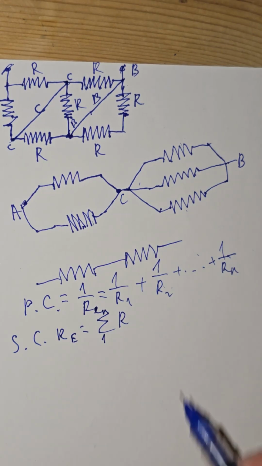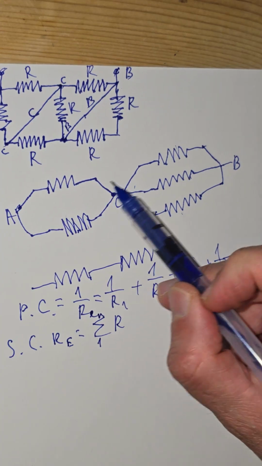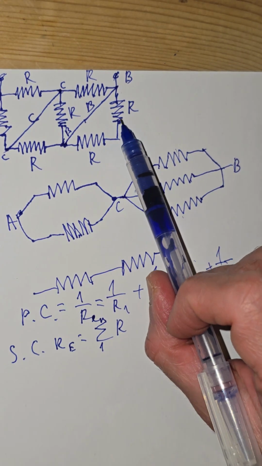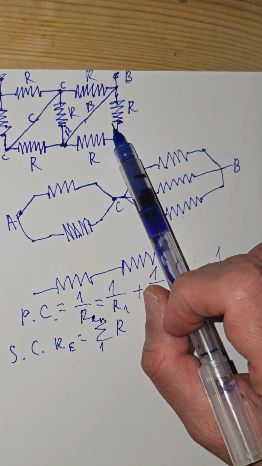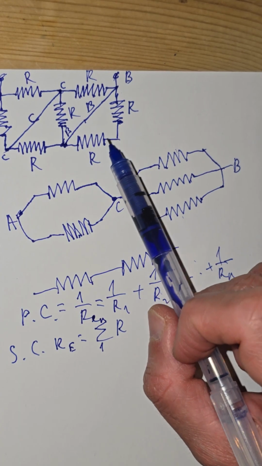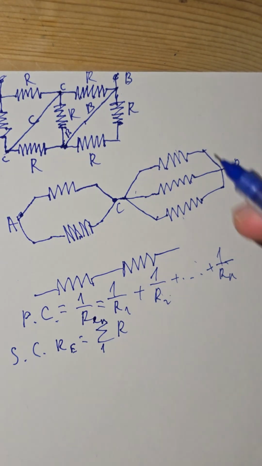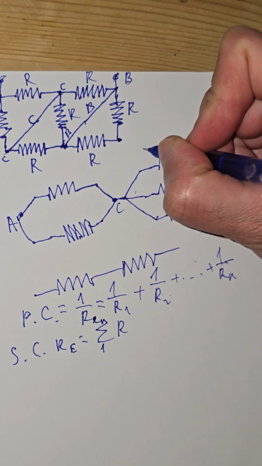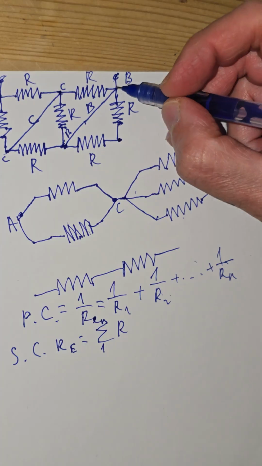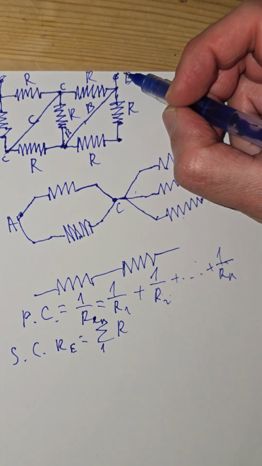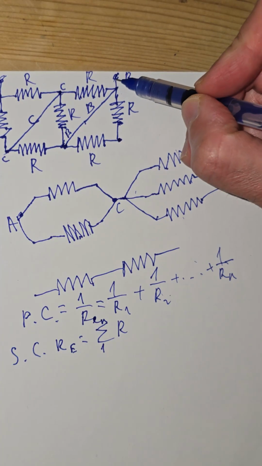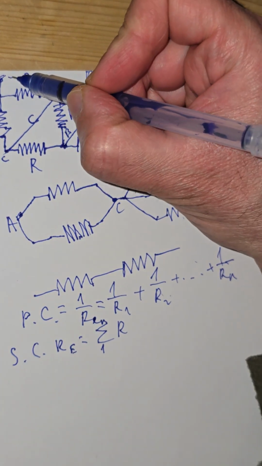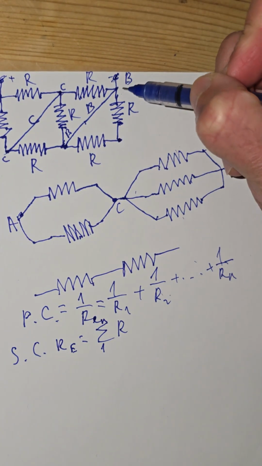So let's find first. By the way, what about these two resistors? They have a node here, but this node is not connected to the supply. The supply is here and here. Here is, for example, plus, here is minus, or vice versa.